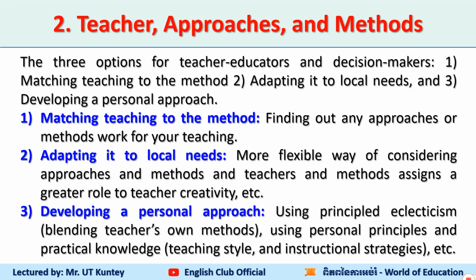So what is the local need from assigning students to work in groups by giving topics? You will get needs from what you assign. The students will exchange ideas with each other, the students will search more, the students will become close in relationship, and so on. So this is adapting it to the local needs.